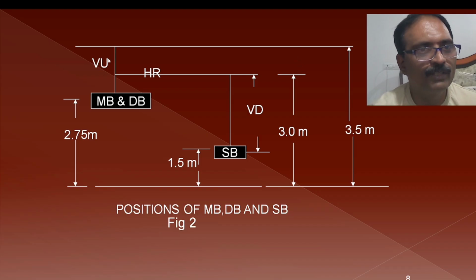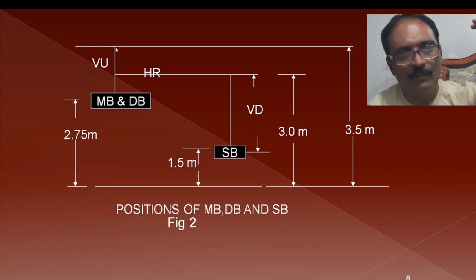Here you can see VU means vertical up. Generally this VU is going to be there when we run from the horizontal to the ceiling. So this is going to be considered when we are going to establish for fans. For fans we have to move in the upward direction and onto the ceiling.